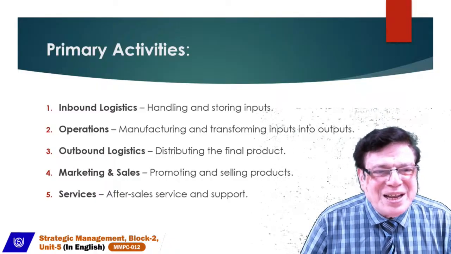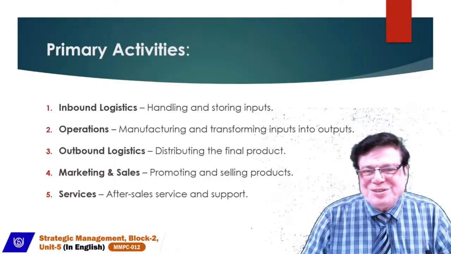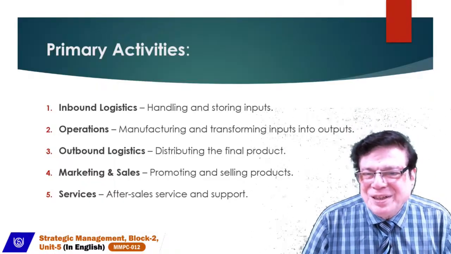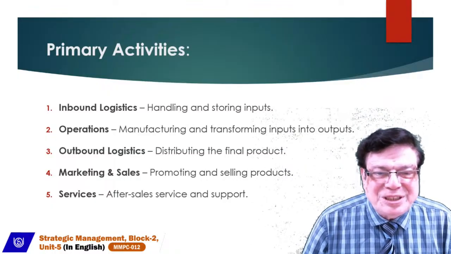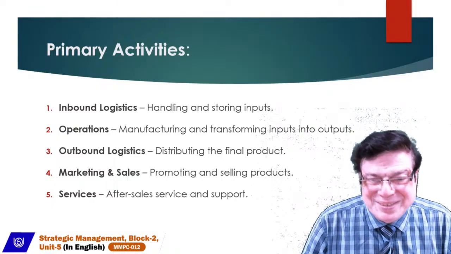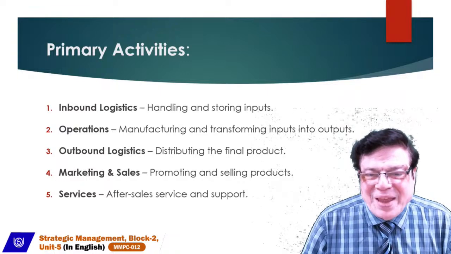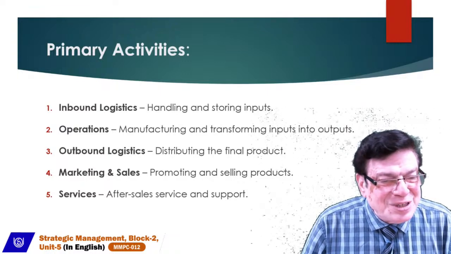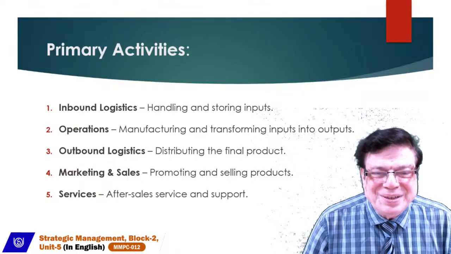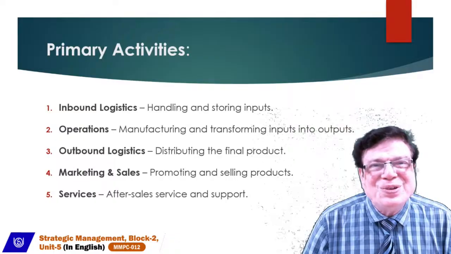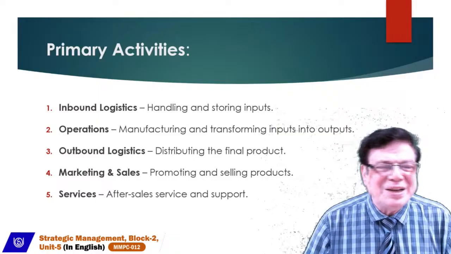So primary activities are inbound logistics, handling and storing inputs; operations, manufacturing and transforming inputs into outputs; then outbound logistics, distributing the final product; marketing and sales, promoting and selling products; then next is services, after-sales service and support. Suppose any guarantee is there for 1 year, so you have to see that the customer is serviced for that.